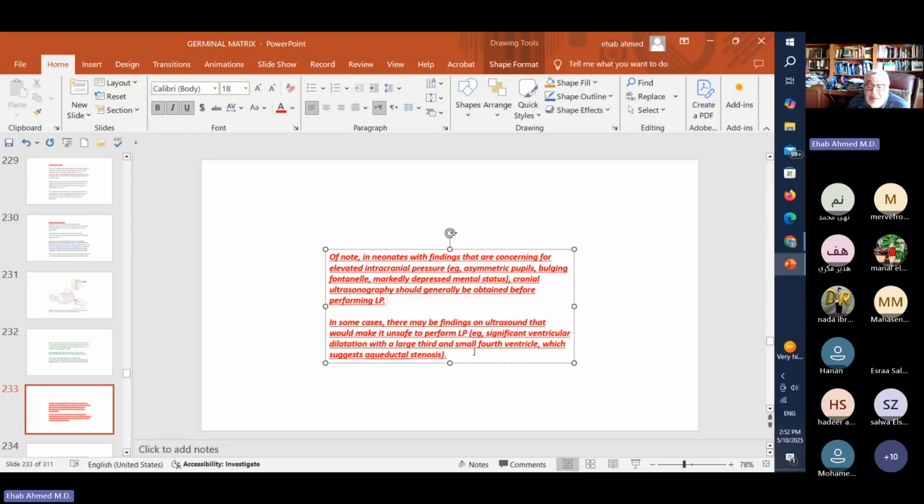Example, significant ventricular dilatation with a large third ventricle and a small fourth ventricle, meaning the aqueduct is stenosed.